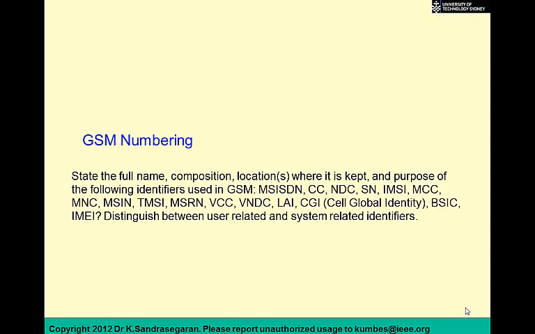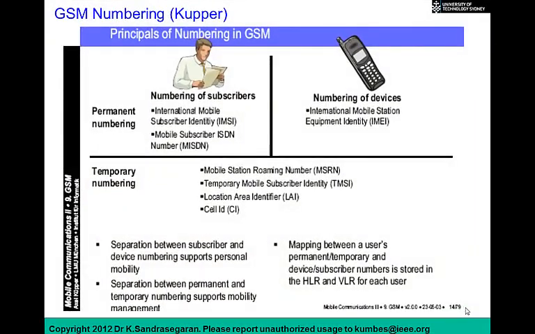So this is the second part of the GSM lecture, and we're going to start off by looking at numbering or identity management in GSM networks. In GSM numbering, we have two types of numbers.